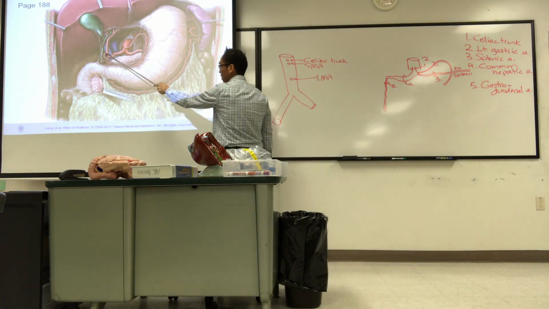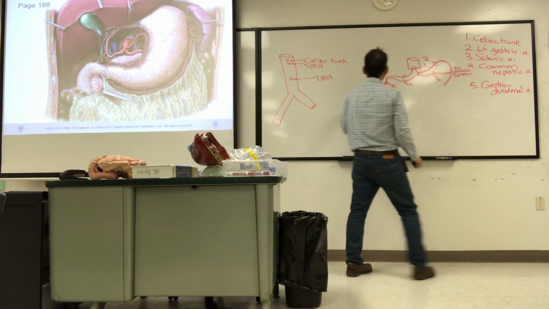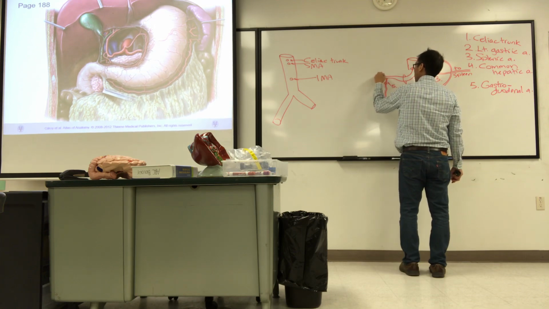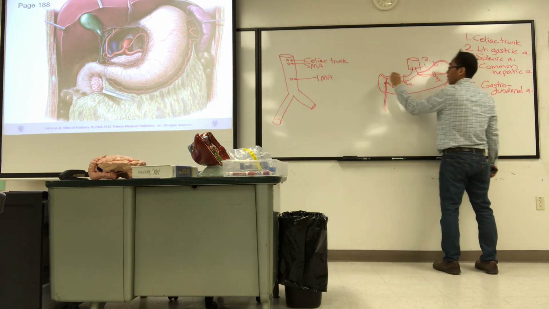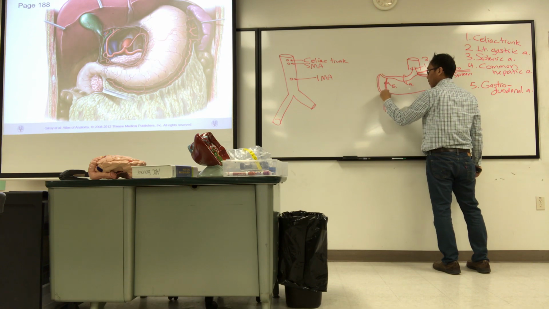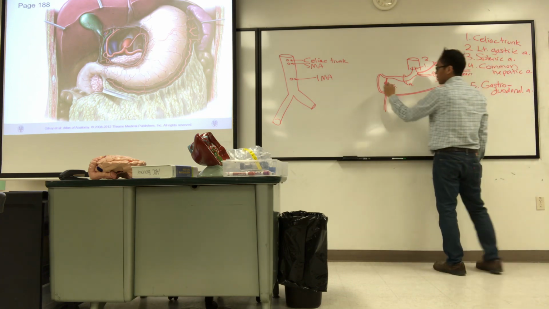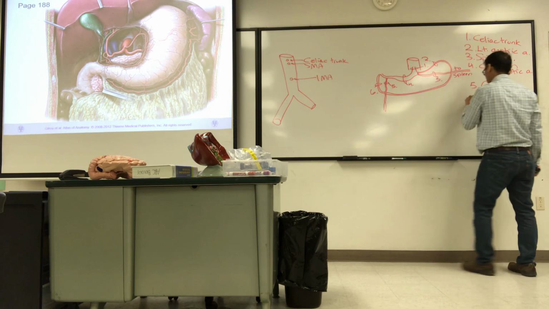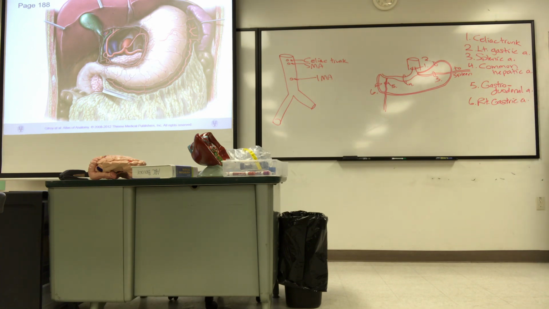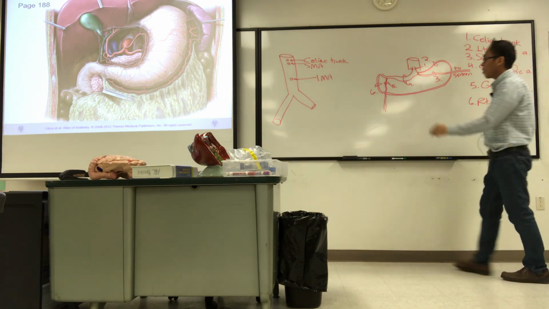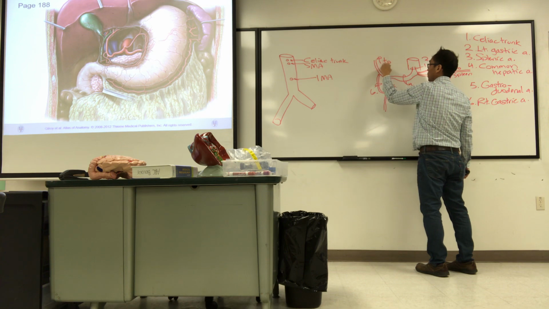It's the right gastric, right there. It's going to form an anastomosis with the left gastric. Right gastric artery.